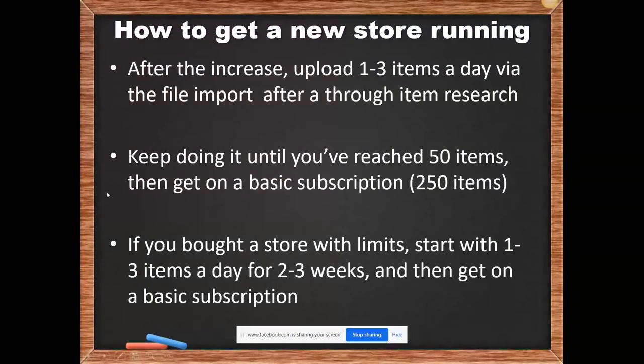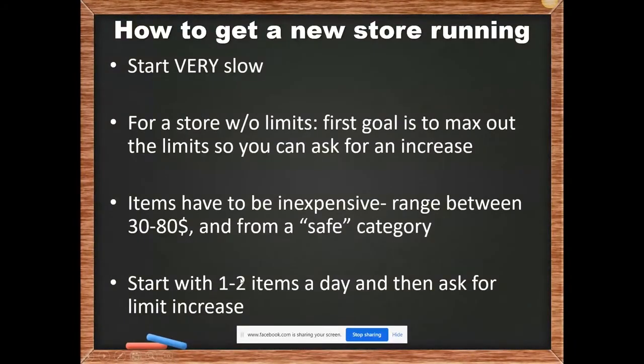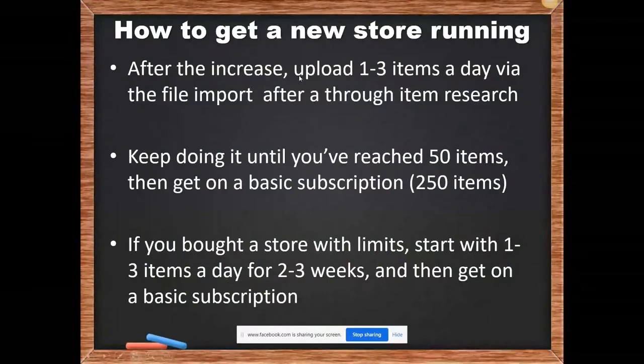Okay, guys? Then you keep doing it until you've reached about 50 items. Then you get on a basic subscription. So notice, we've opened the new store, right? We've uploaded like 2 items a day until we reached the 10 items limit. We asked for an increase. We got an increase.